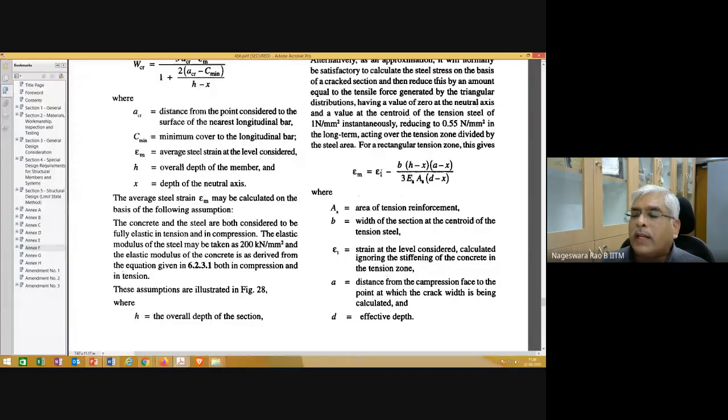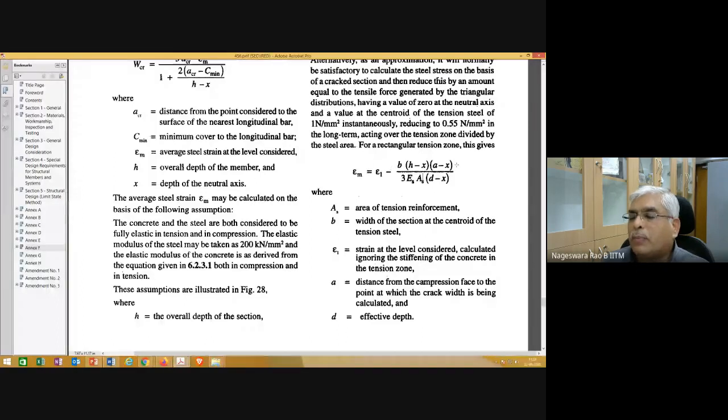Whatever epsilon 1 we calculated is the strain at the surface without taking into consideration the tension stiffening correction. So that correction is this term, this minus. So epsilon 1 minus that, the stiffening of the concrete in the tension zone. If you apply that correction, that is what this is.